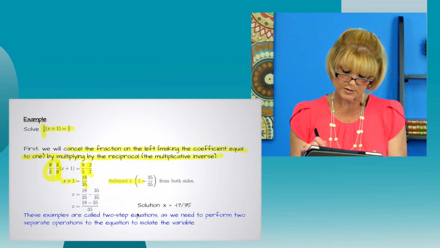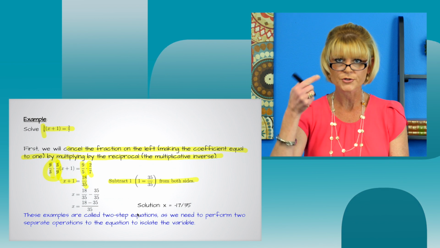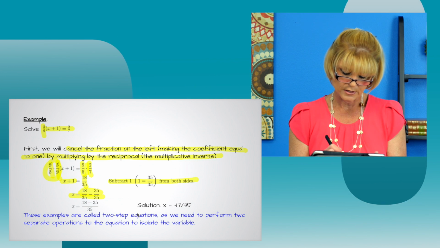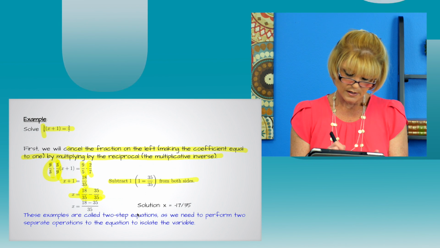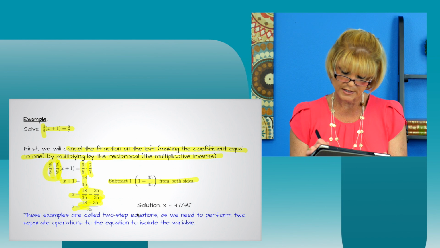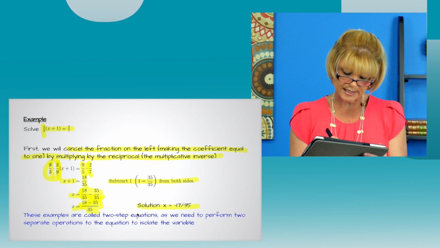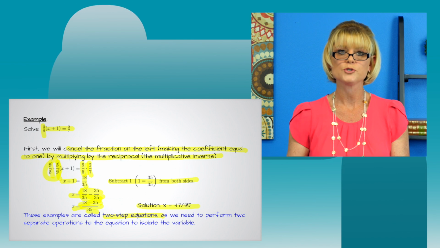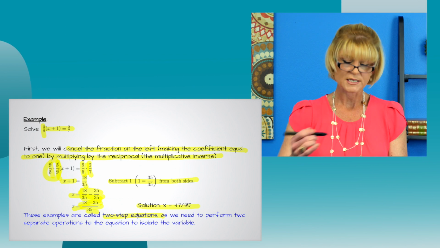Then we're going to subtract 1 from both sides, and I just changed my 1 into 35/35 so we could subtract the fraction. 18/35 minus 35/35, or (18 - 35)/35, equals -17/35. So, like I said, these examples are called two-step equations because we need to perform two separate operations to the equation to isolate the variable.